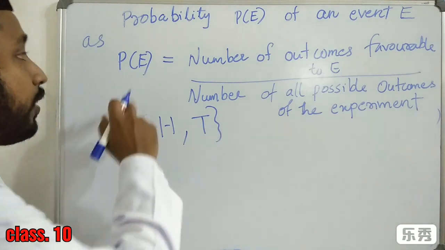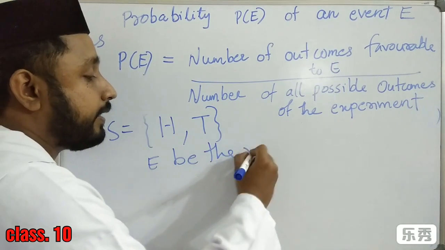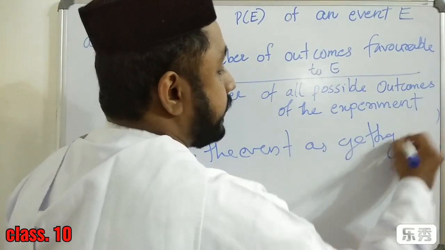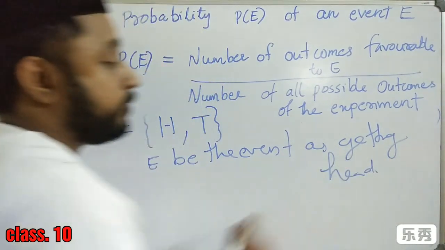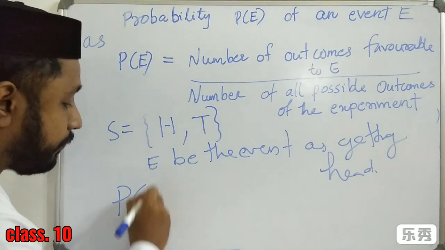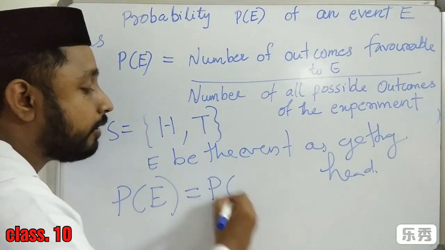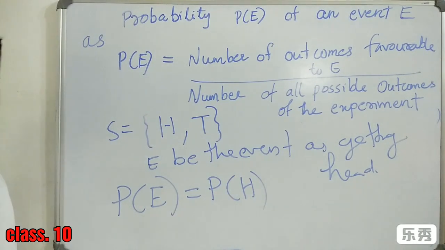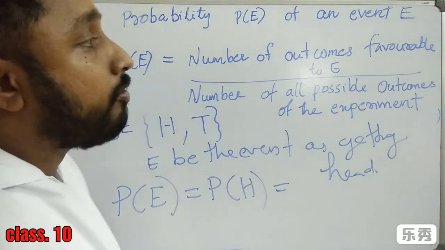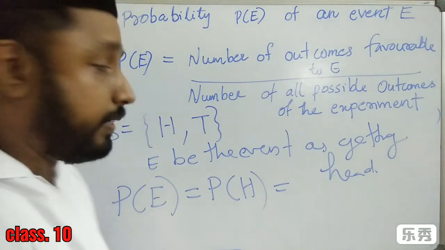Let E be the event of getting a head when tossing a coin. So P of E means the probability of getting a head. P of head is equal to, our formula, the number of outcomes favorable to E divided by the total number of possible outcomes of the experiment.